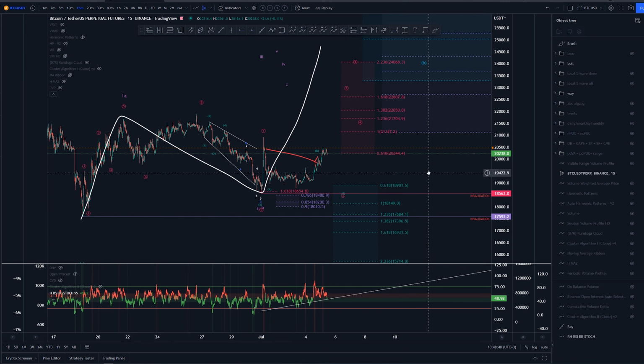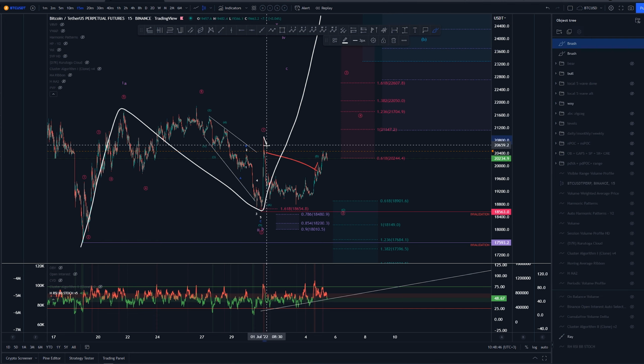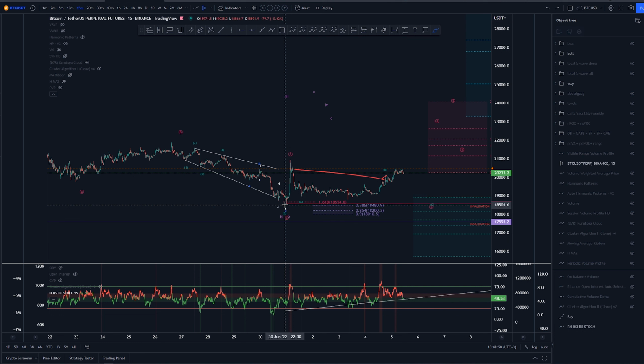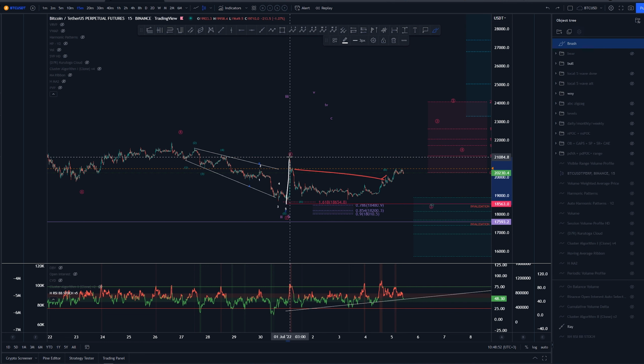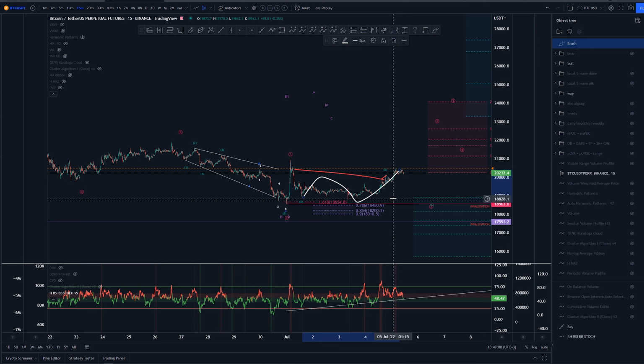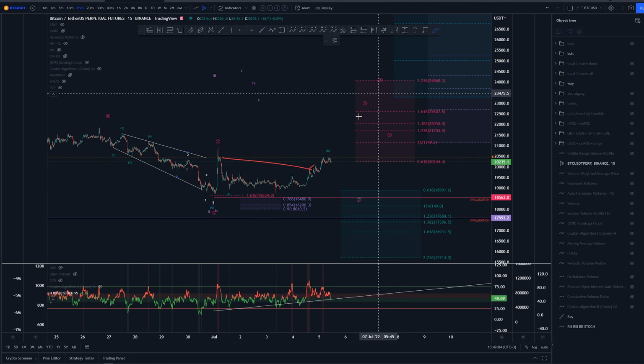Now at this moment we are struggling here already, so it looks to me that this indeed could be something like this, where we have this as a 5-wave move, another 5-wave move here, then getting this as a 3-wave move here, and then we would be getting another 5-wave move down here.